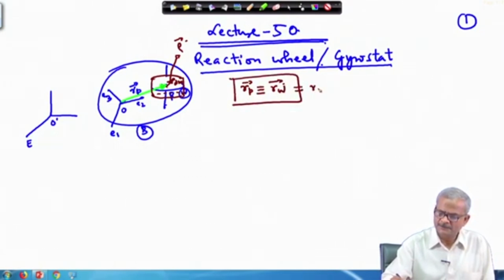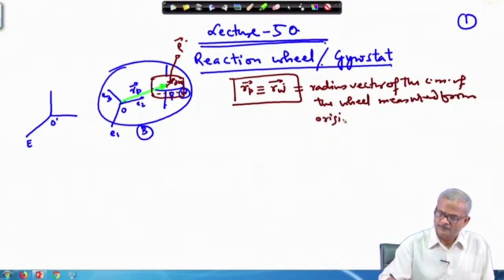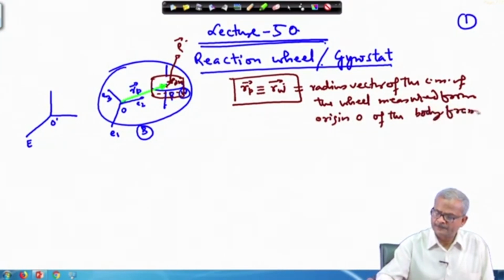So, this is the radius vector of the center of mass of the wheel measured from origin O of the body frame E 1, E 2, E 3.